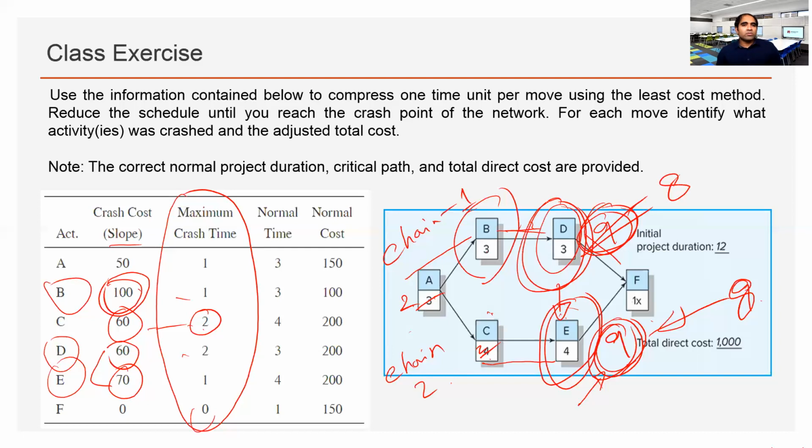What is your question? I didn't get it. We can't start from C. A is the starting point.